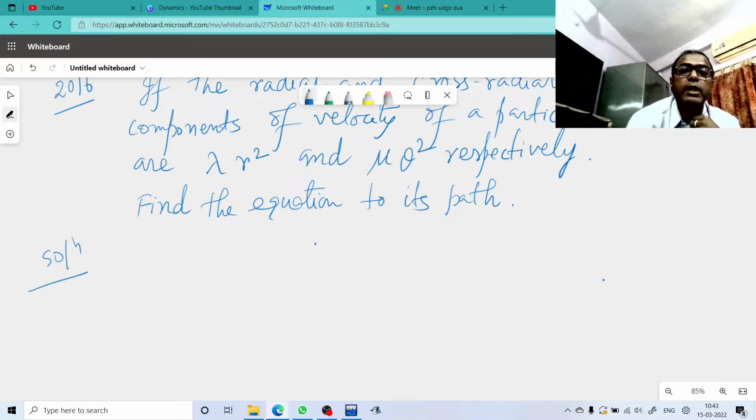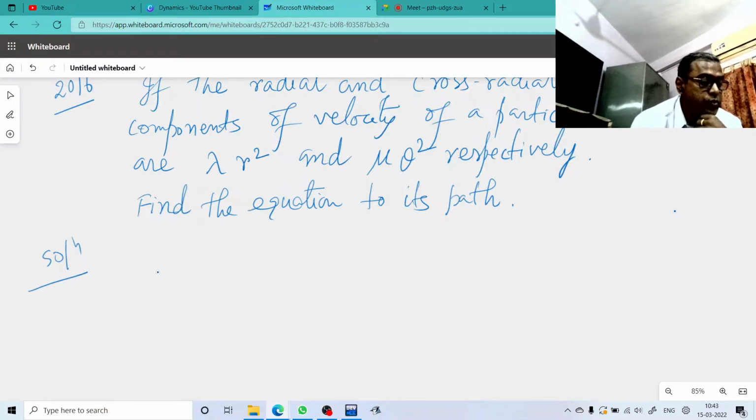So here radial and cross radial velocity is given. These are lambda r square and mu theta square. Lambda, mu are some constants.